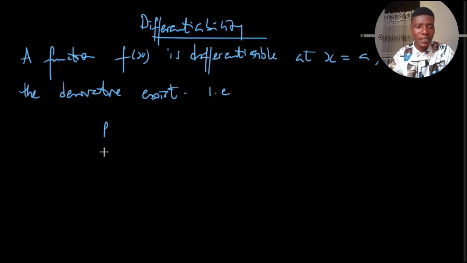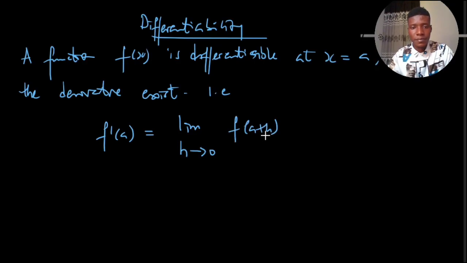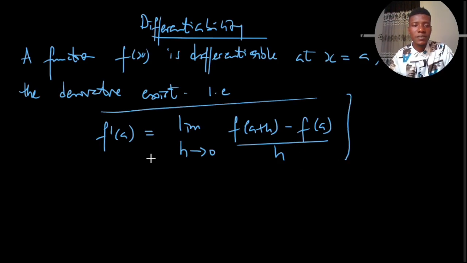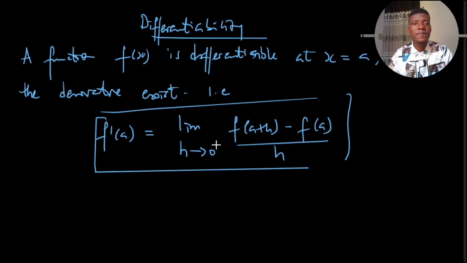That is, if f prime of a exists. So if this exists, then the function is differentiable. So if the derivative of the function, when you slot in a into the derivative, exists, then the function is differentiable.